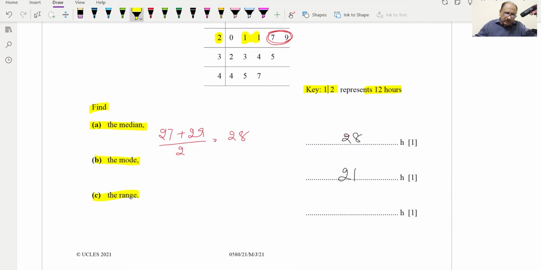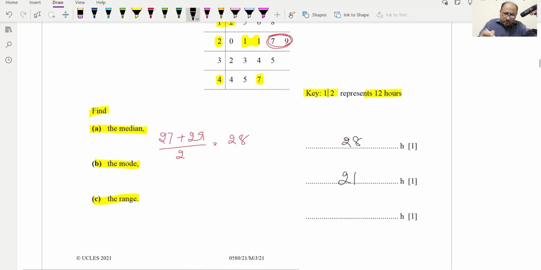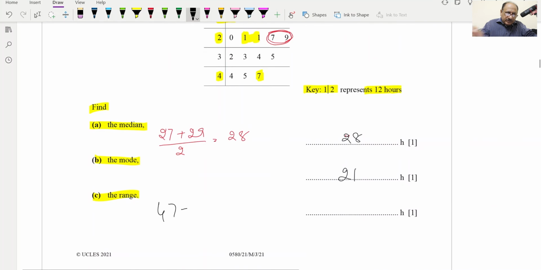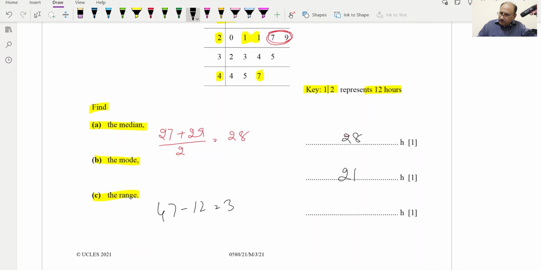The range is maximum minus minimum, and the maximum number is 47 and the minimum number is 12. So 47 minus 12 will be 35. So our answer will be 35 hours.